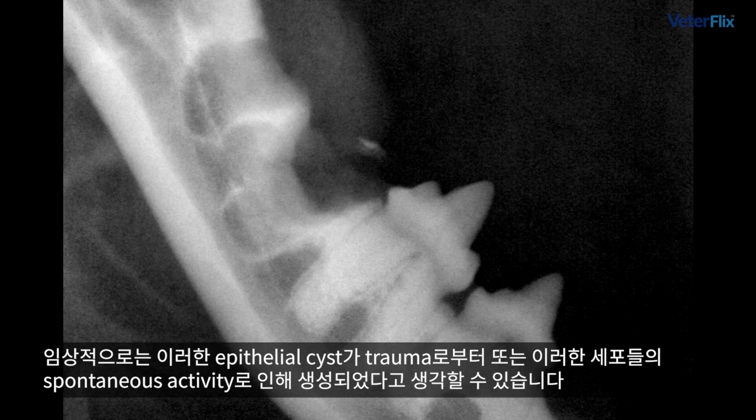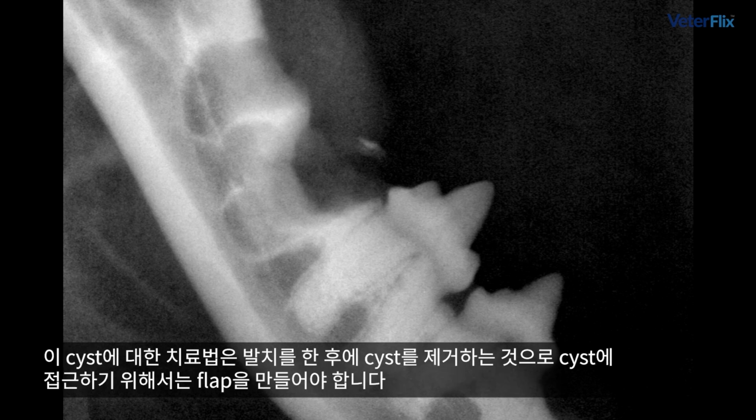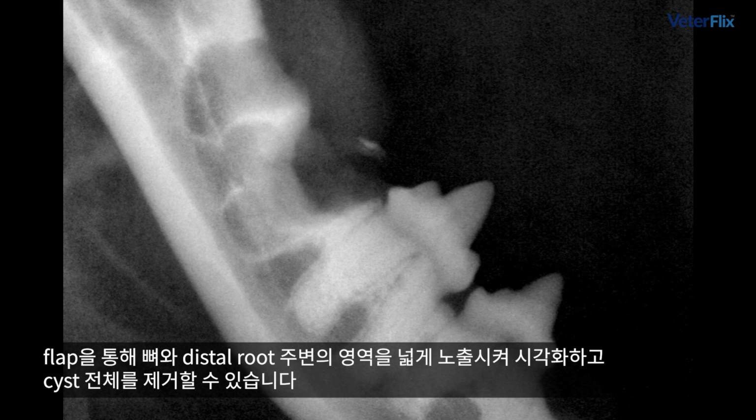Extraction and cyst removal is the way to approach these, and in order to gain access to that, we need to create a flap that exposes the bone, enlarging the area around this distal root in order to be able to visualize and remove the cyst in its entirety.